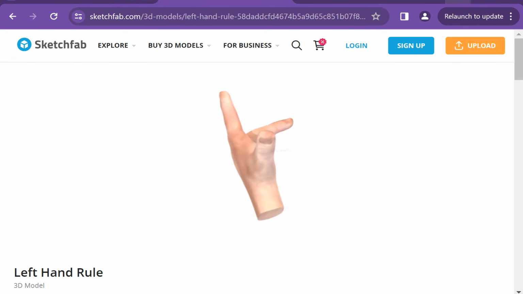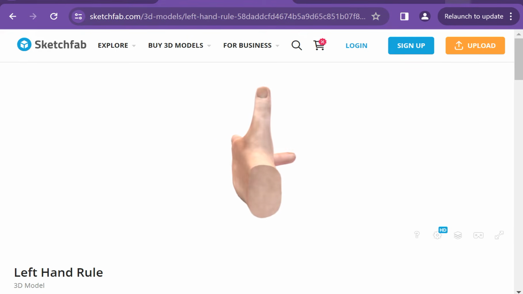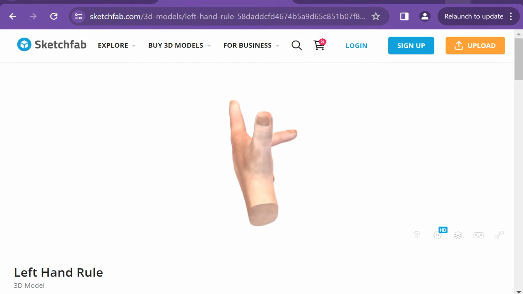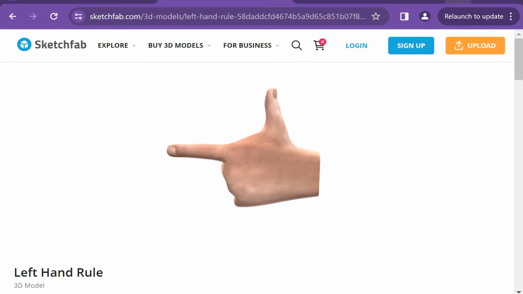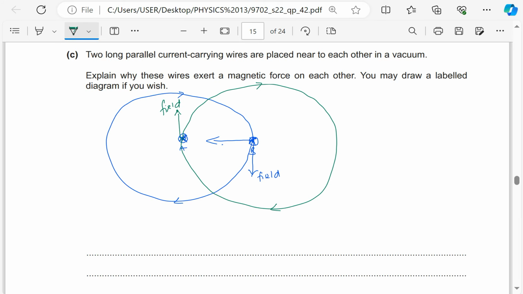But if I rotate the thumb to the right hand side with the first finger pointing vertically upwards and the second finger pointing to the page, it is hard to make the second finger point to the page, but if the second finger points to the page, the thumb will point to the right hand side. So the force is in that direction.